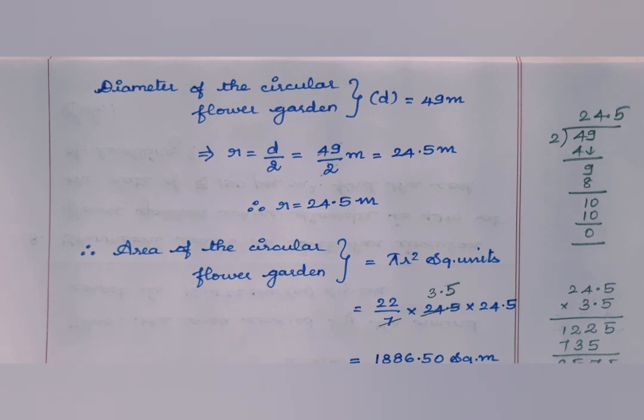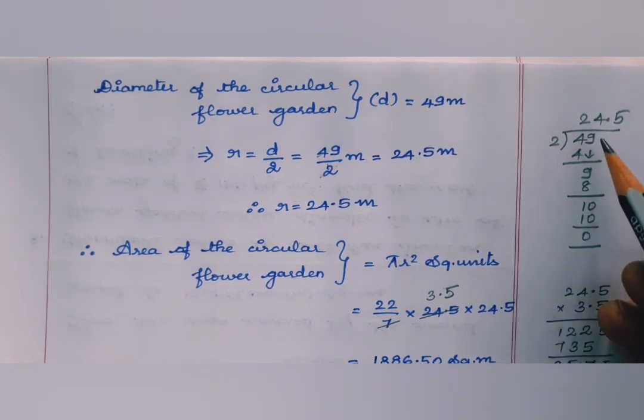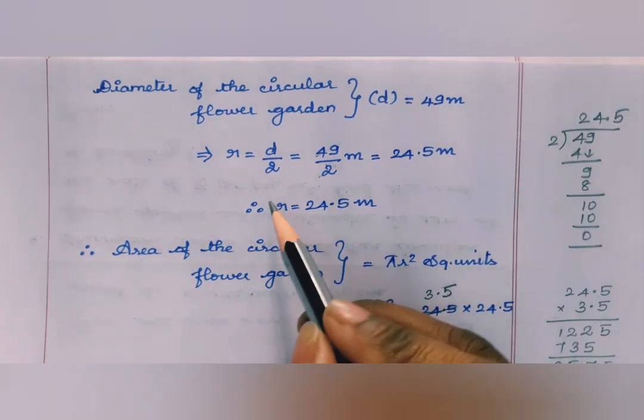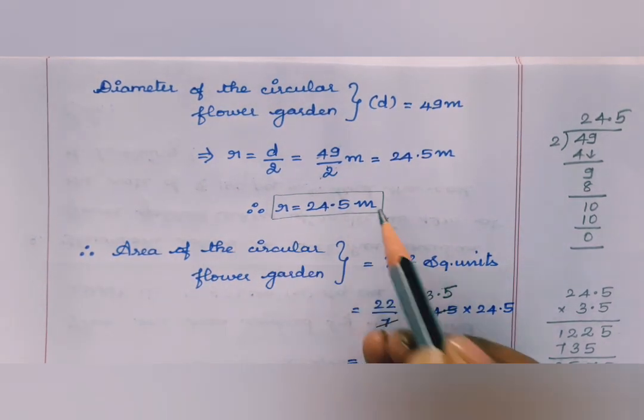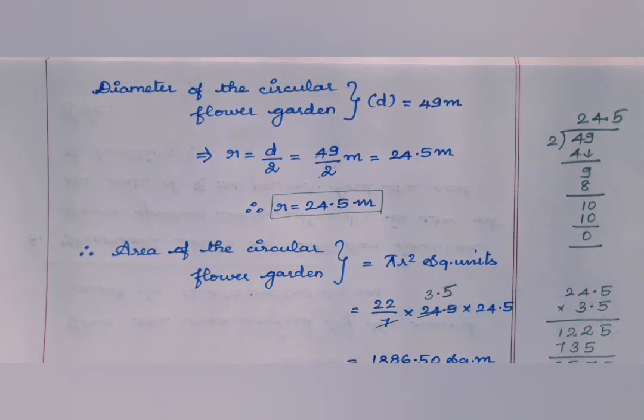This implies R is equal to D by 2, which is equal to 49 by 2 meter, which is 24.5. Therefore R is equal to 24.5 meter. Now we got the radius. With the help of the radius, we can find the circular flower garden's area. Therefore area of the circular flower garden is equal to pi r square units, 22 by 7 into 24.5 into 24.5.